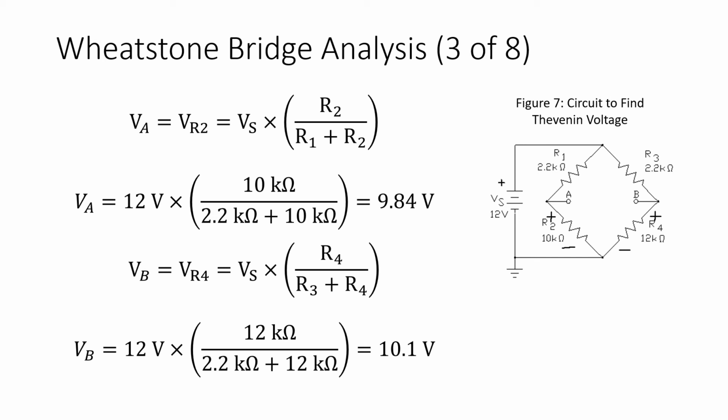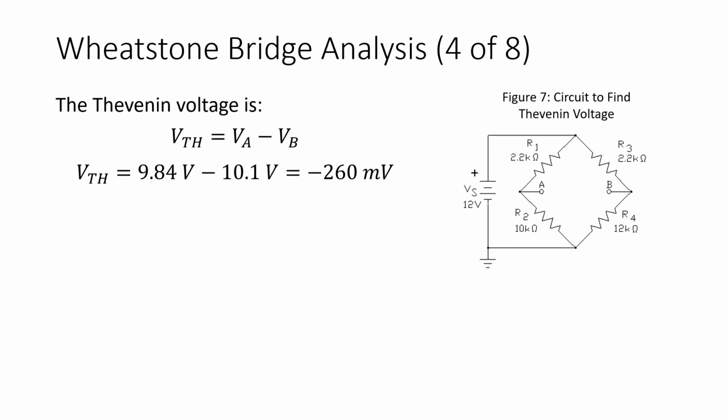So the voltage at node B is 10.1 volts. Therefore, the Thevenin voltage, again the voltage from A to B, is 9.84 volts minus 10.1 volts, which gives us negative 260 millivolts.